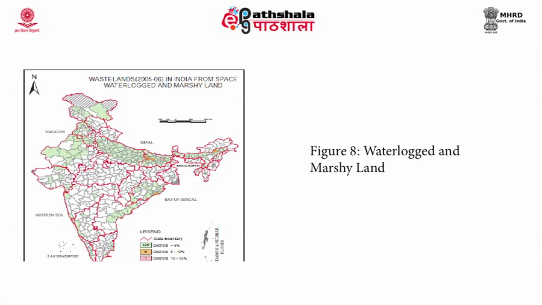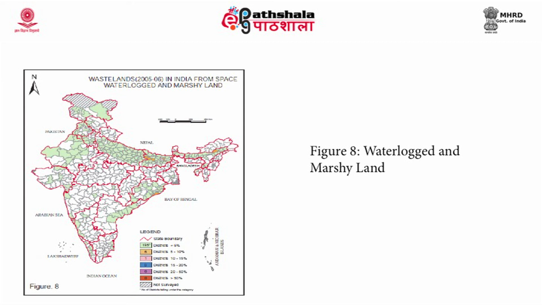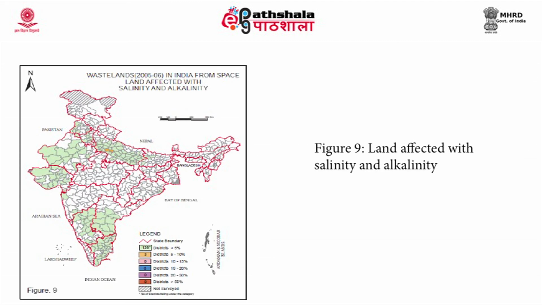In the wasteland map that shows the waterlogged and marshy areas, 195 districts show wasteland that is less than 5%, 6 districts between 5 to 10% and 1 district between 10 to 15%. Next, the wasteland map showing the lands that are affected with salinity and alkalinity.